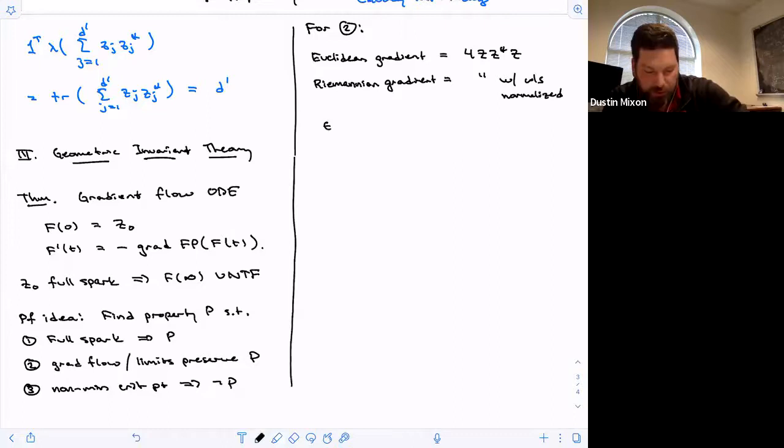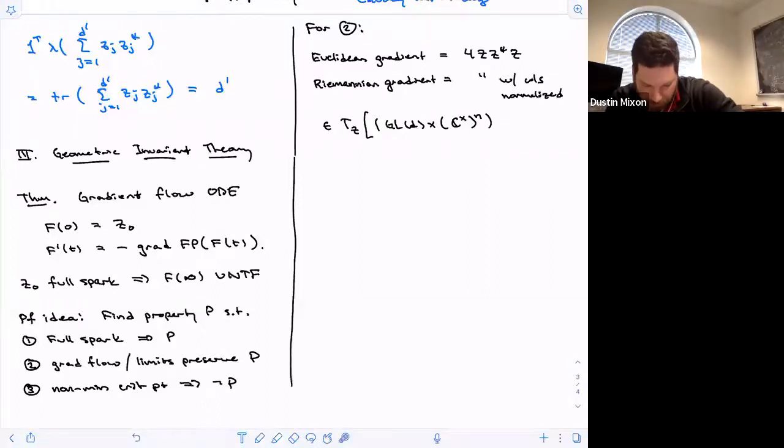What is true for sure is this thing is going to reside in the tangent space at Z of a certain manifold, namely GL of D cross the complex units, N of them. So this is a group.